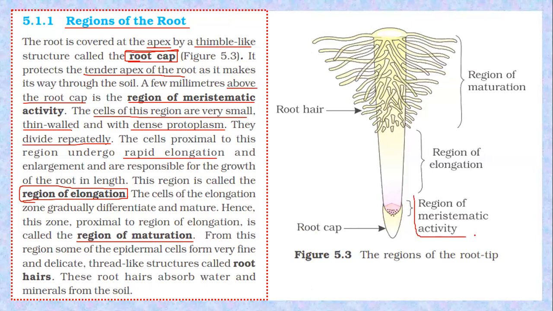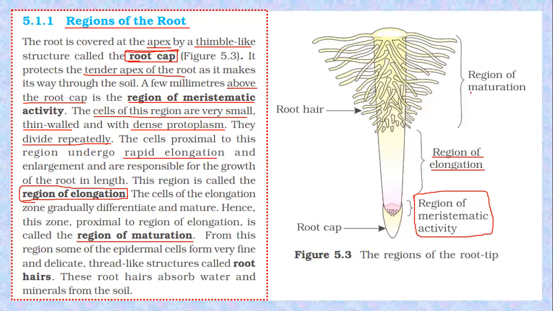This is the diagram from your NCERT, which is very important. Region of meristematic activity: these cells will undergo rapid division and produce so many new cells. Those new cells have to get elongated, only then can we say the root is growing. So those cells are passed on to the region of elongation. The cells entering the region of elongation will mature and differentiate faster.